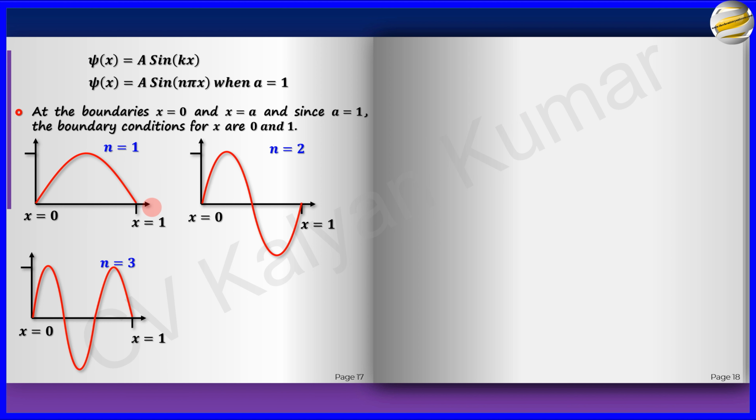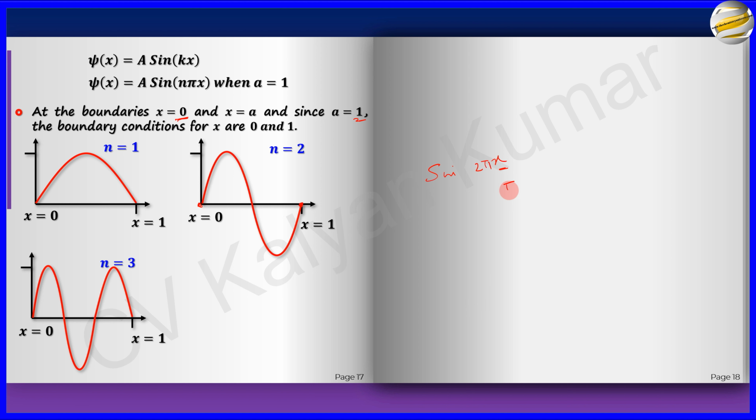But when n is 2, the function is now sine 2 pi x. Now x can go from 0 to 1. At 0, it is 0. When x is 1, again it is 0.